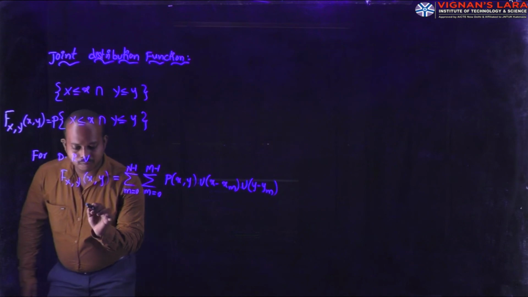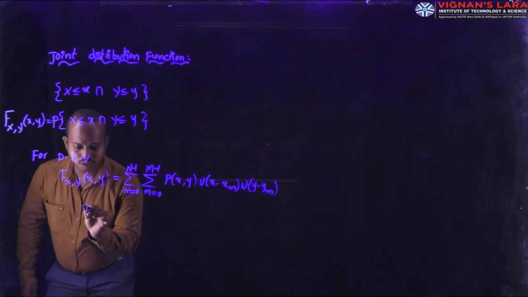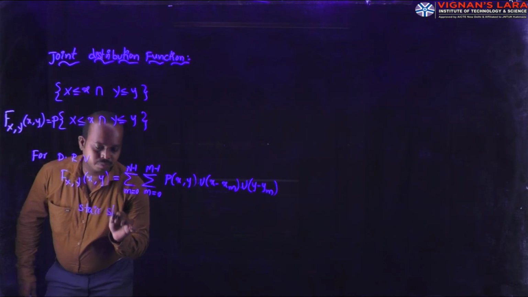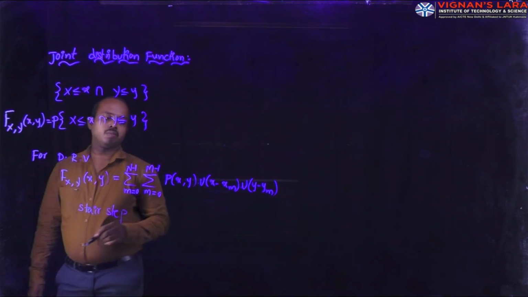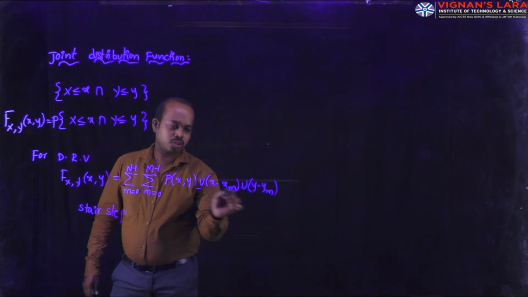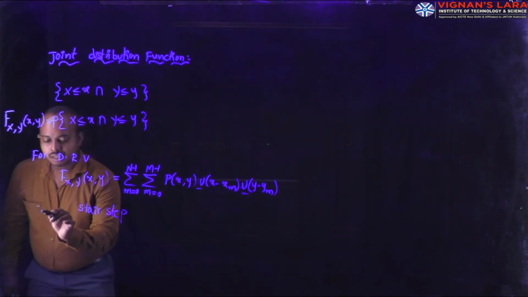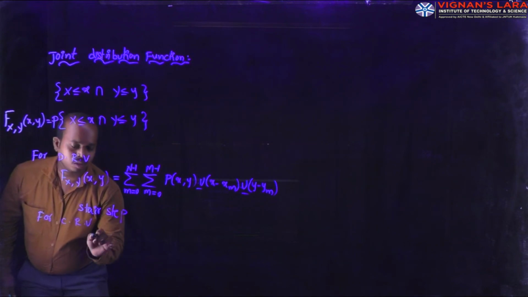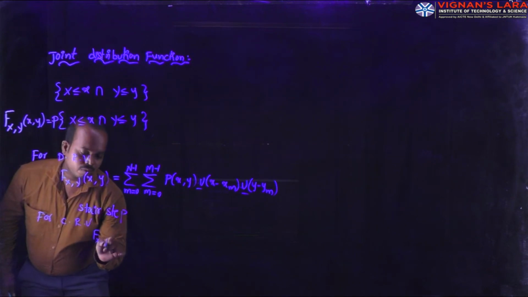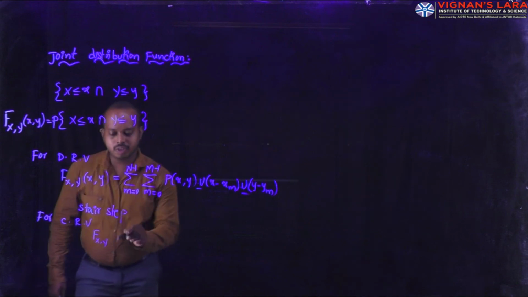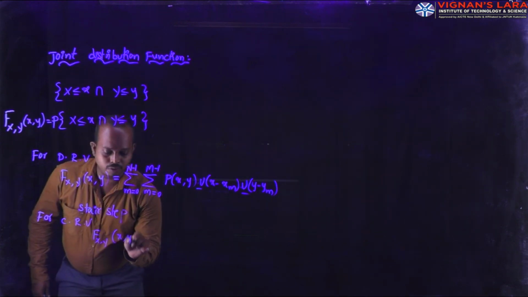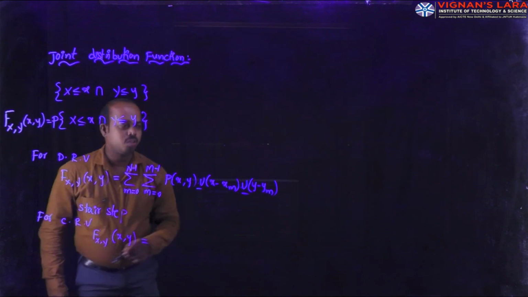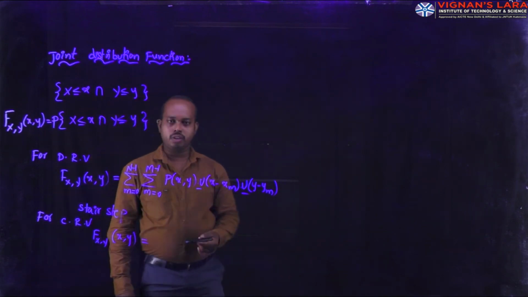For a discrete random variable, the graphical representation is step form. That's why you use the step functions. For a continuous random variable, the distribution function F_{X,Y}(x, y) we can represent in terms of integrations.